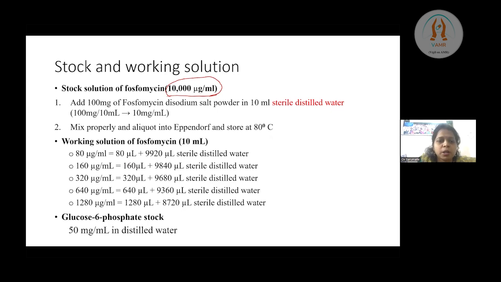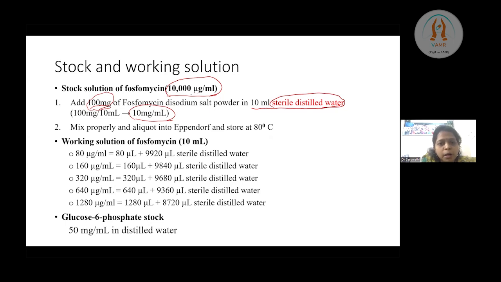To prepare this stock solution of phosphomycin, it's a simple way I'm telling. Measure the weight of 100 mg of phosphomycin disodium salt powder and add it in 10 ml of sterile distilled water. Our diluent is sterile distilled water only. Mix it properly, and finally you will get 10 mg per ml, which is equivalent to 10,000 microgram per ml.